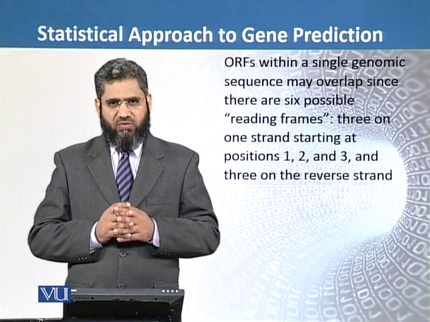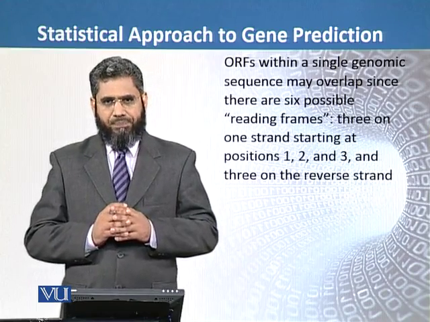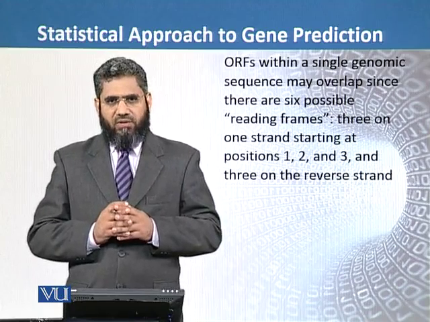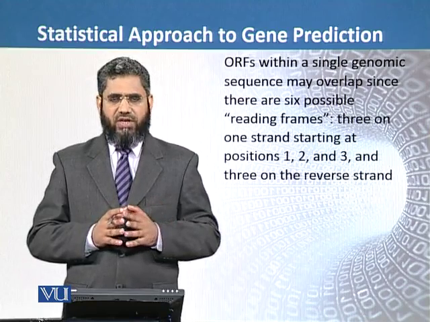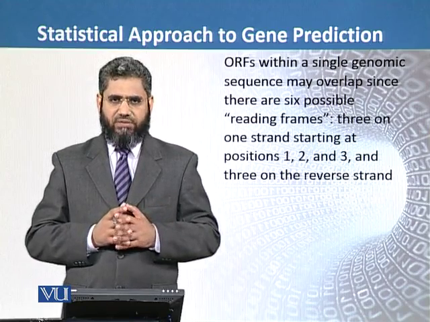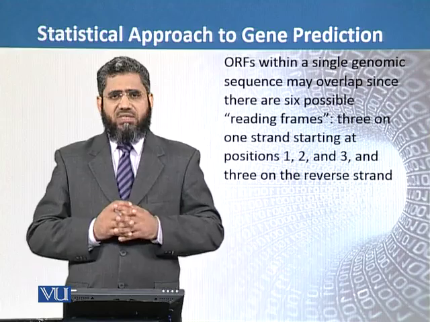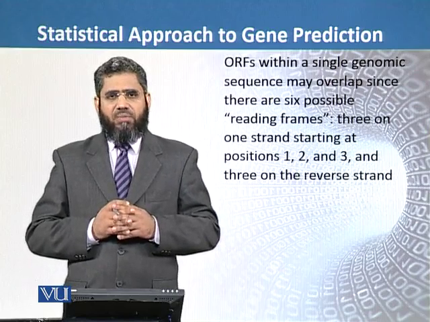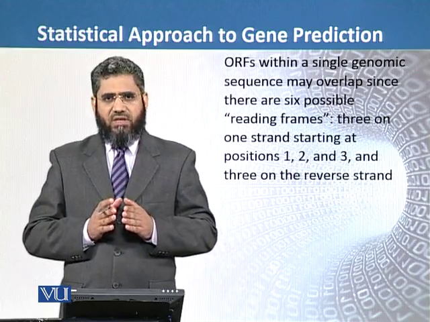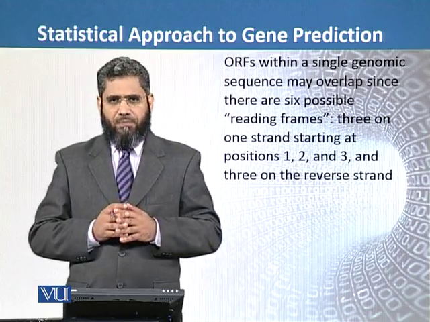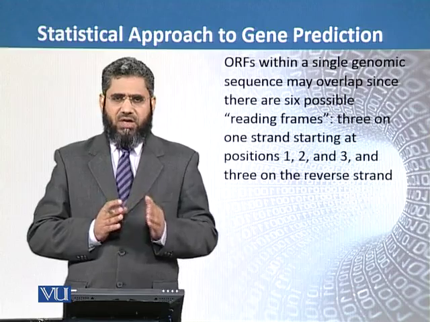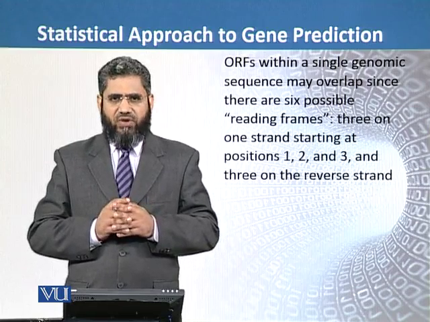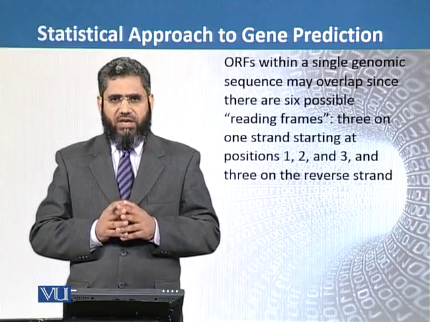These 6 frames, 3 start from the right side and 3 start from the left side. And these 6 frames are generated because, in the first frame, one nucleotide from the start of the open reading frame is deleted.